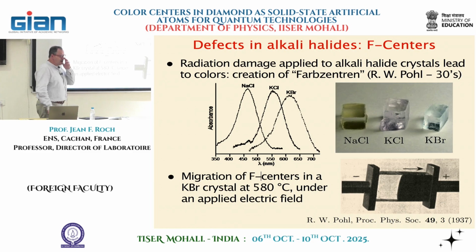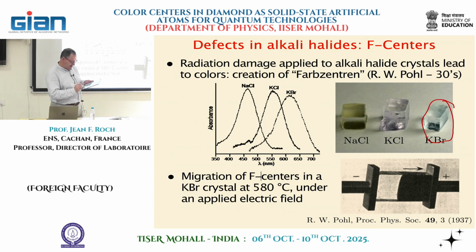And they said, okay, to understand that, of course, you need to do some experiments. And they were able, for instance, to do this beautiful experiment where you take these crystals and apply a huge potential difference across two sides. And they saw that they could accumulate the color on one side, at the positive electrode.